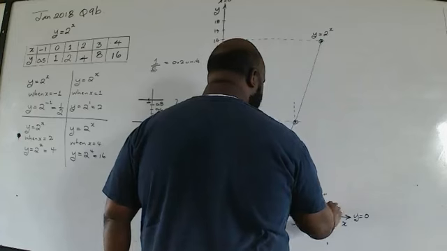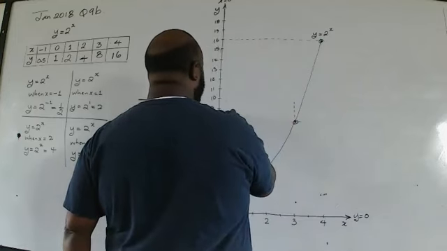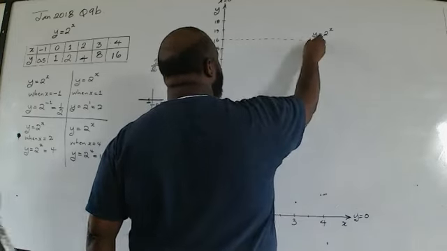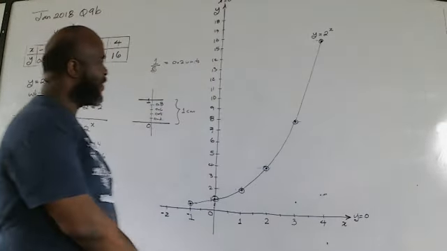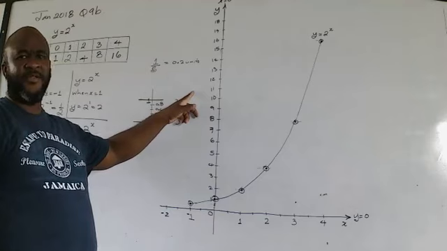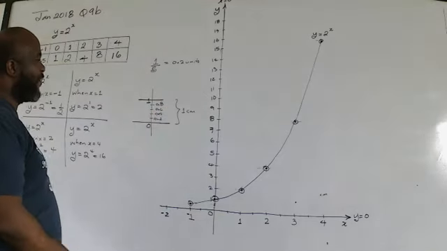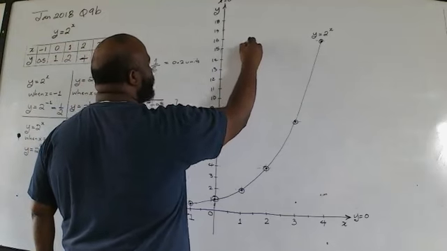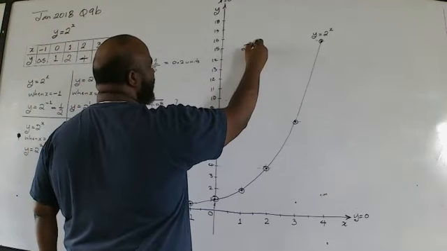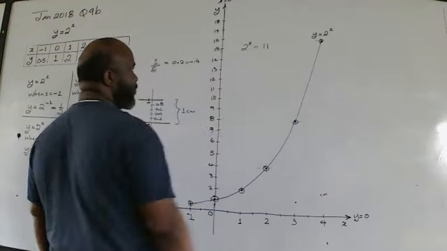3 points? Alright, let us see if you're correct. Well, the only place 11 is on this graph is here, don't it? So, you want the value of x. What x has to be for 2 to the x, which is y, to be equal to 11.